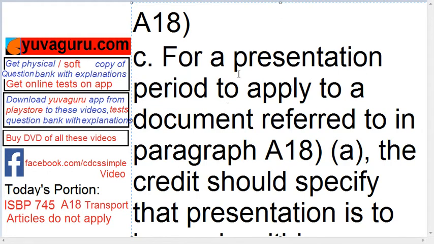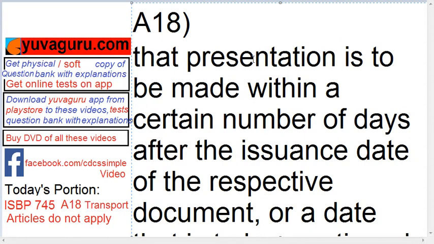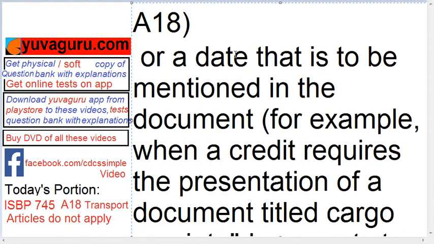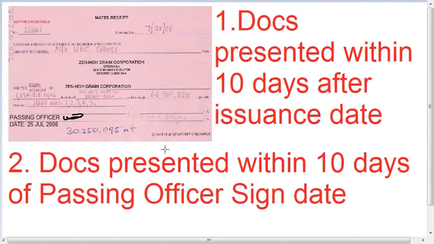C. For a presentation period to apply to a document referred to in para A18A, the credit should specify that presentation is to be made within a certain number of days after the issuance date of the respective document or a date that is to be mentioned in the document. That means the LC must state that documents must be presented within 10 days after the issuance date of the mate's receipt.